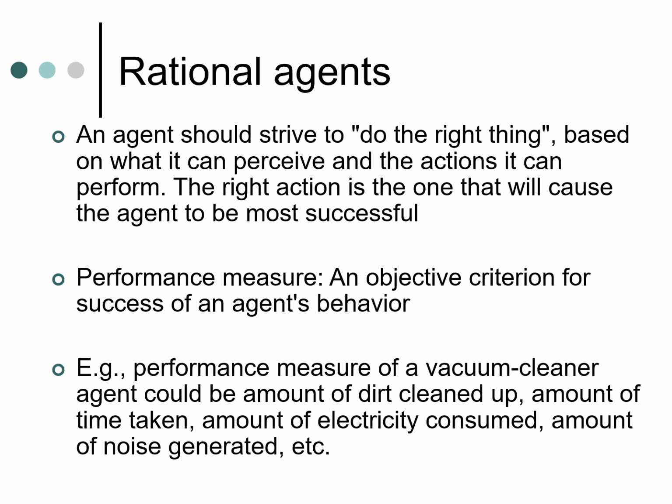For example, if you are measuring the performance of the vacuum cleaner, we measure the amount of dirt cleaned up, the amount of time taken to clean up, how much electricity has been consumed, and the amount of noise generated during the cleaning process. Performance measure is an objective criterion for the success of an agent's behavior.